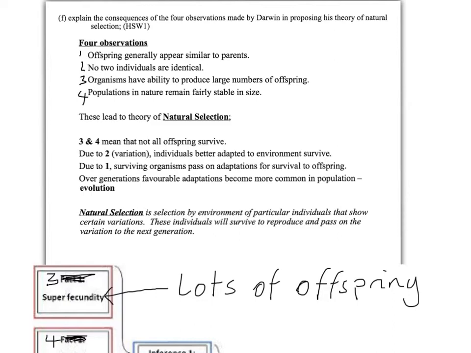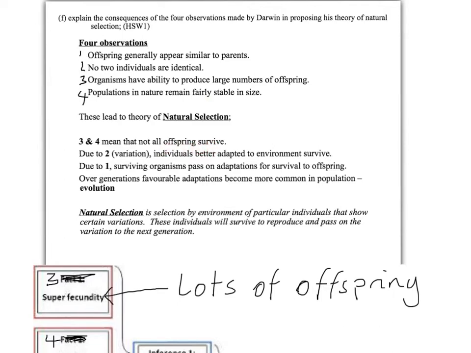So how he used these observations to make some inferences which led to the idea of natural selection. Ideas 3 and 4 mean that not all these offspring survive. Large numbers of offspring, but stable population size. Therefore, not all the offspring survive.